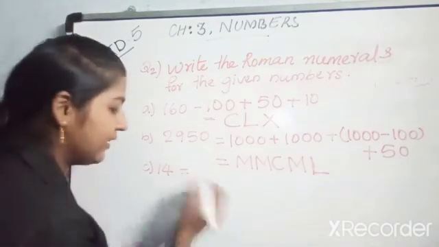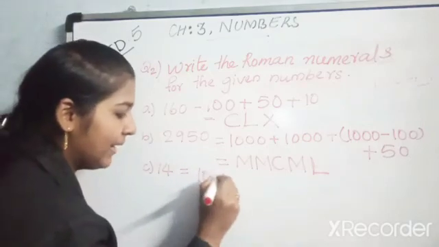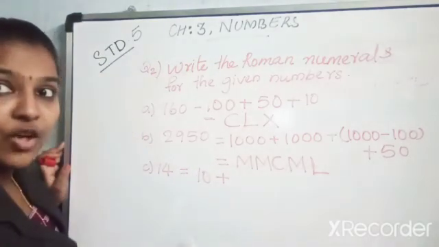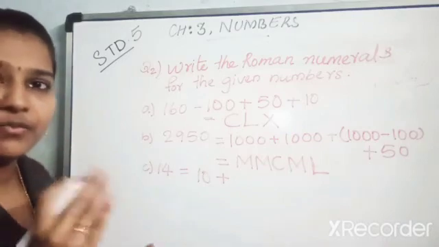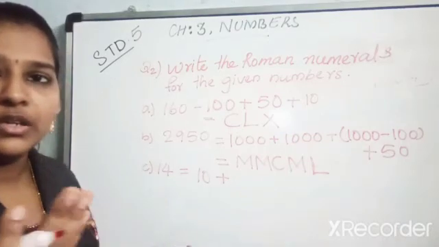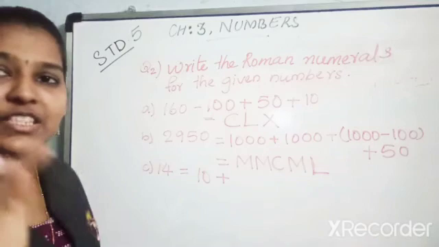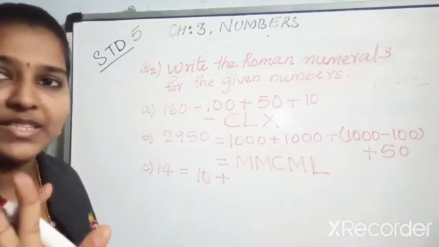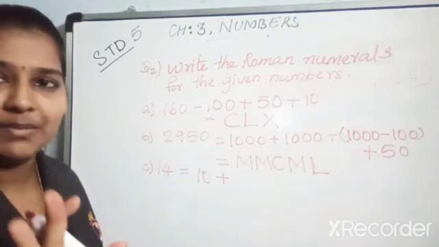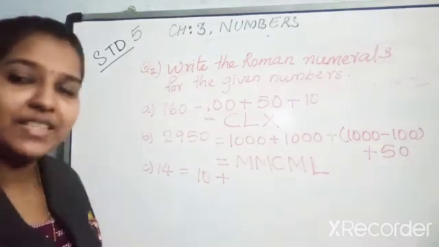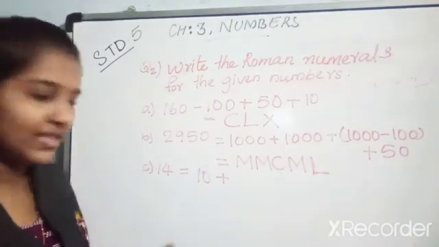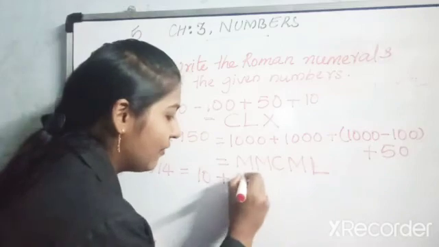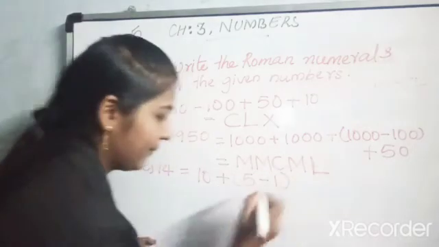Okay. Now the next one, 14. Okay, how we can write 14? 10 plus then 4, 14. 4, there is no separate symbol for 4, because 5 is the basic symbol, isn't it? So 5 minus 1 shows 4, isn't it? So 10 plus 5 minus 1. Okay.